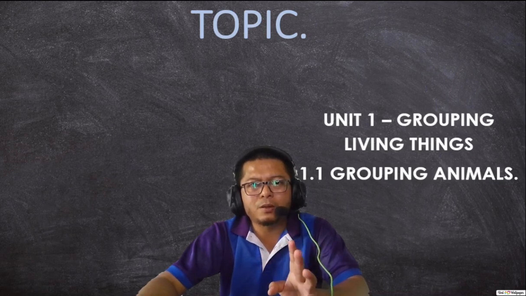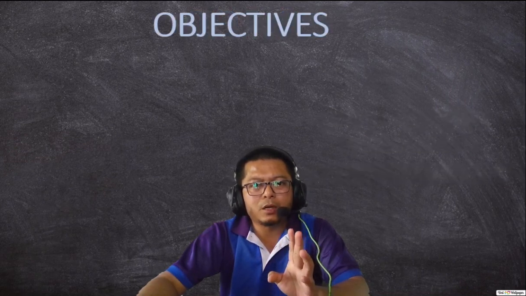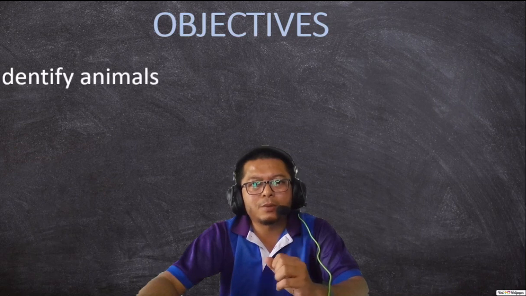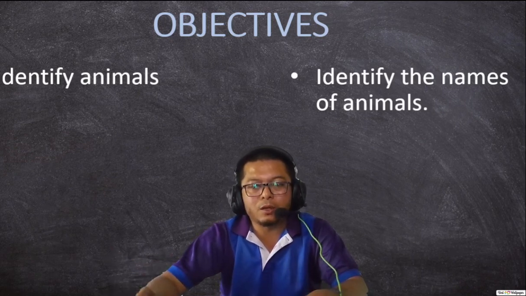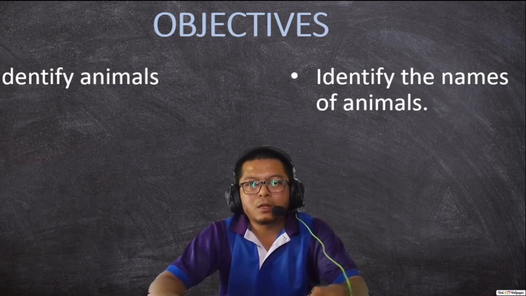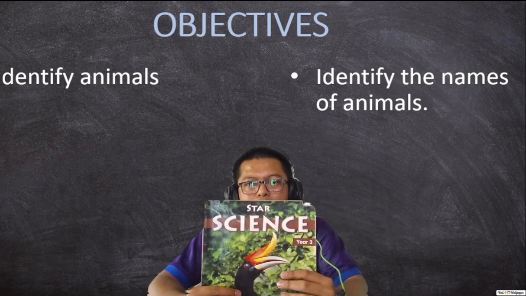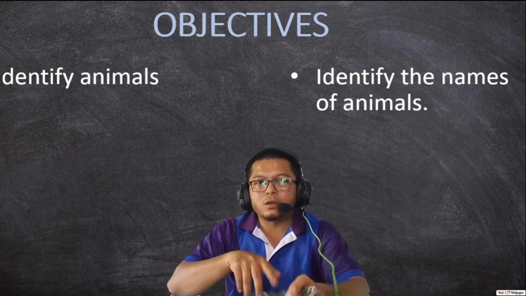But before we group animals, we should know about the animals themselves, to identify the names of the animals that we will talk about today. All these animals come from this book, Star Science Year 3 for Brunei Darussalam.